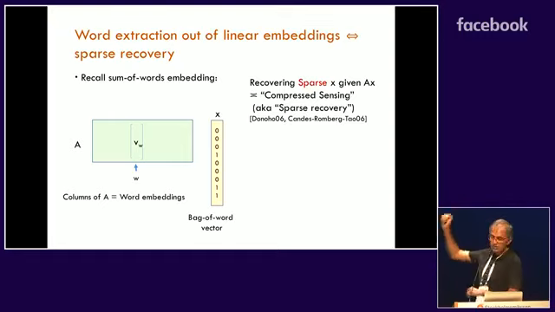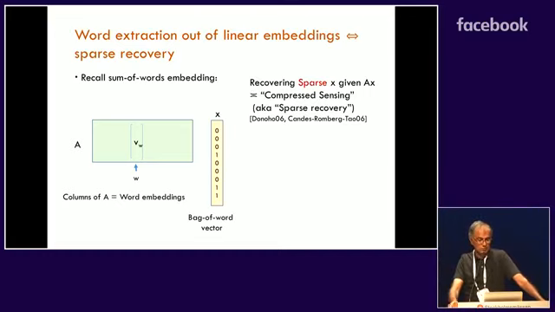So if that sum of word embeddings is doing reasonably well, and as we saw the weighted ones do much better, maybe you can recover the bag of words information from this embedding, right? Well, this is the famous field of compressed sensing or sparse recovery, which is very well known in theory, where you're given, for some matrix A, the product A times x, where x is a sparse vector.